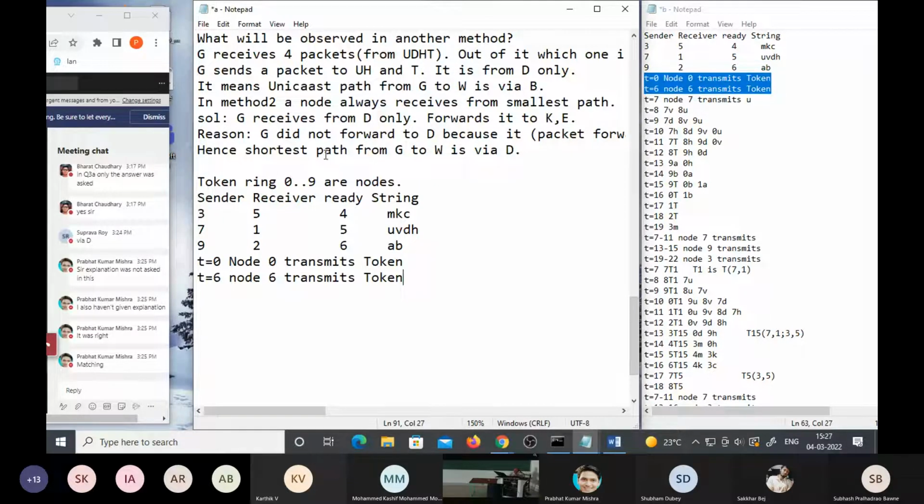Now 0 can send to 1, 1 can send to 2. So at t equal to 0, node 0 transmits token T to 1.